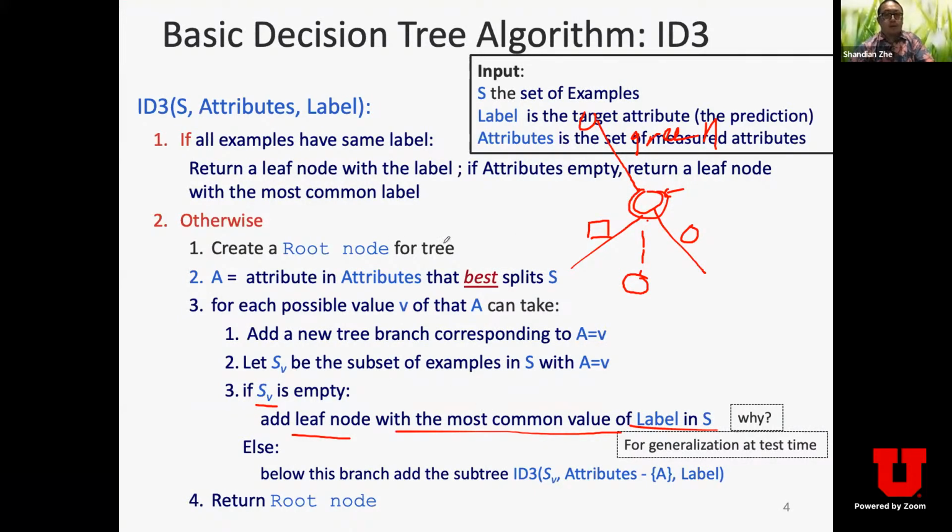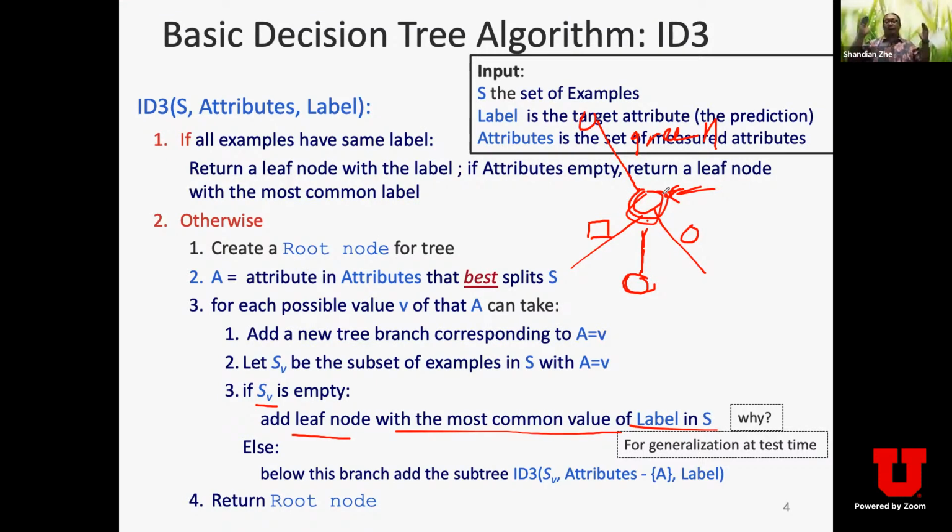So that means if your S contains all the green shapes, and you know that among those green shapes there are no triangles, you're still going to create a leaf node starting from this branch where the shape is triangle. And then your label is the most common label in the green shapes. If there are ties, you can pick an arbitrary label.